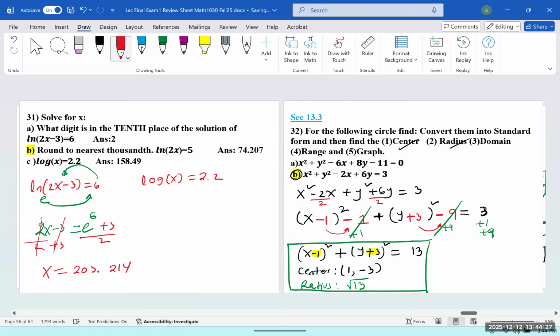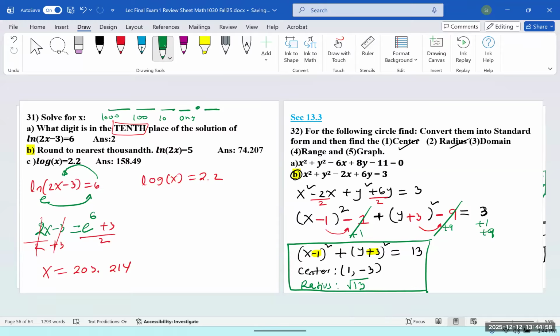203.214. It says round to the tenths place. Another thing I noticed is that you guys don't know your places, which is surprising. If you have a decimal, to the left of the decimal it starts with ones, tens, hundreds, thousands. But on the right side of the decimal there aren't any ones.